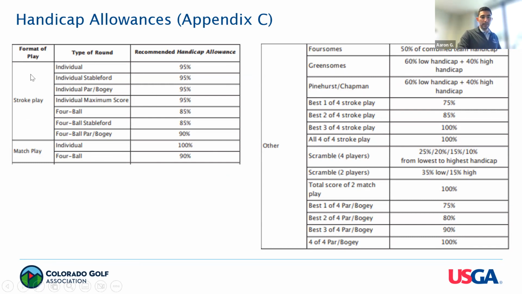You'll see individual stroke play, 95%, match play 4-ball, 90%, Chapman Pinehurst, 60 low, 40 of the high, so on and so forth. I'll let you check that out. That is in Appendix C of the rules of handicapping.